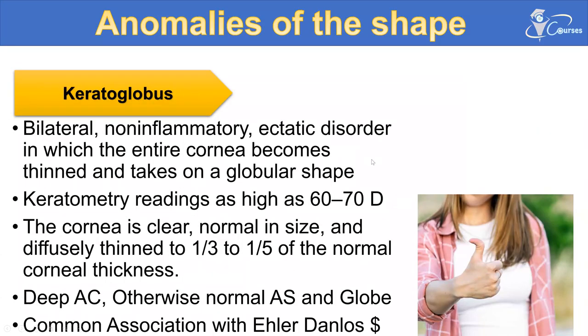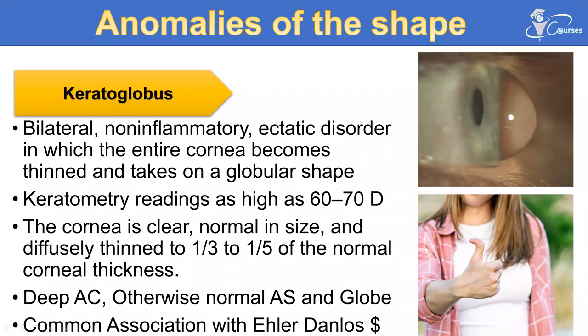Another lesion, which is considered an anomaly of the shape, is the keratoglobus. So we know that the cornea is thin in the center and thicker in the periphery, and it is more curved in the center and flatter in the periphery. This normal arrangement will be different in keratoglobus. Keratoglobus is a bilateral non-inflammatory ectatic disorder in which the entire cornea becomes thin and takes a globular shape.